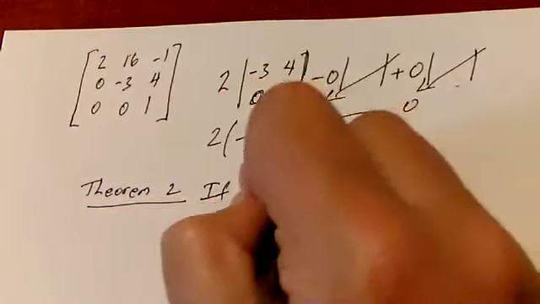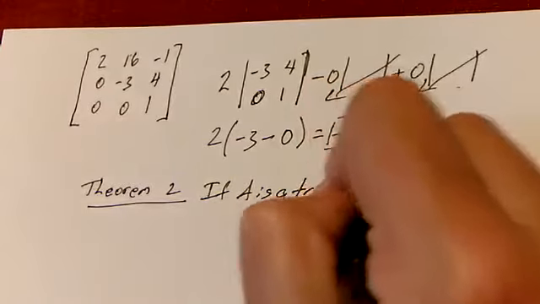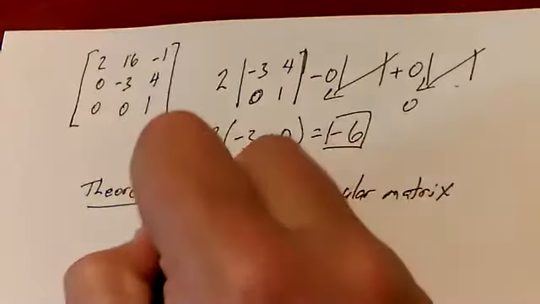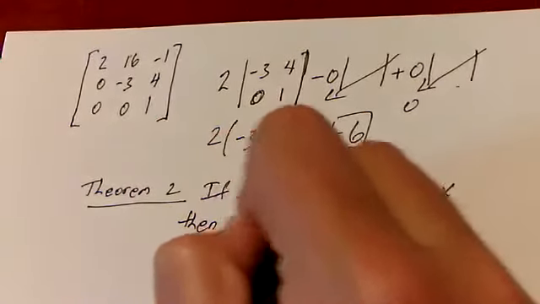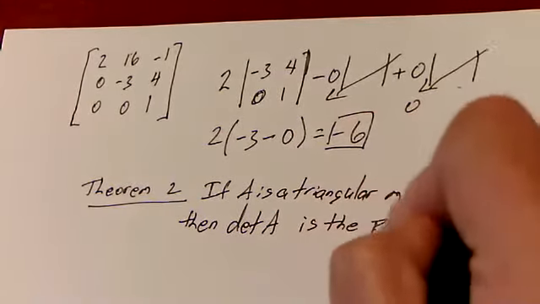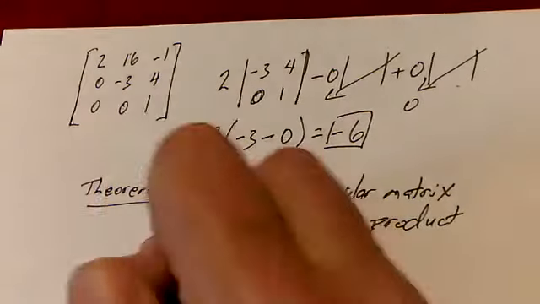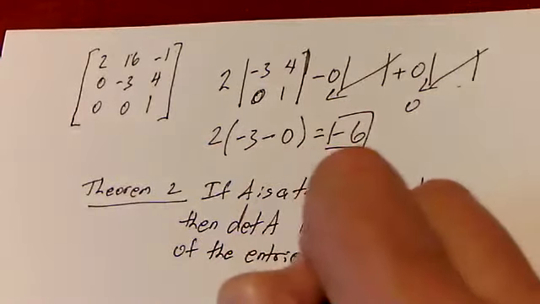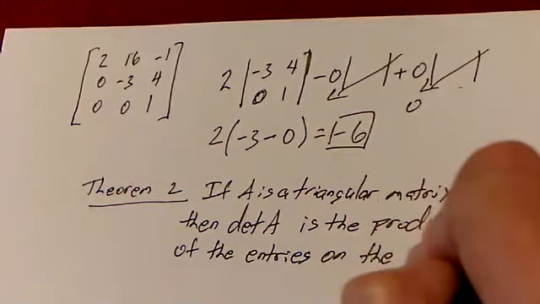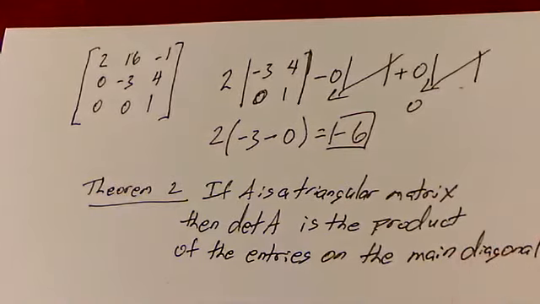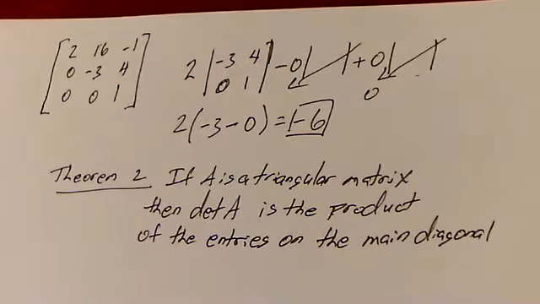So if A is a triangular matrix, then the determinant of A is the product, multiplication, of the entries on the main diagonal.